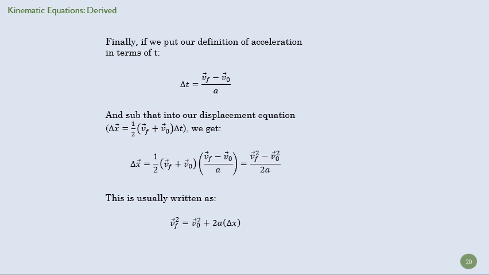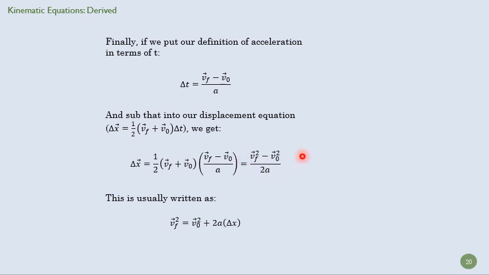And then we sub that into our nice old displacement equation. So I'm going to take this delta t and replace that delta t with my right-hand side. And this looks messy, but again, it's not all that messy, right? We have these two terms, which is going to give us a quadratic equation, but the middle term is going to disappear.